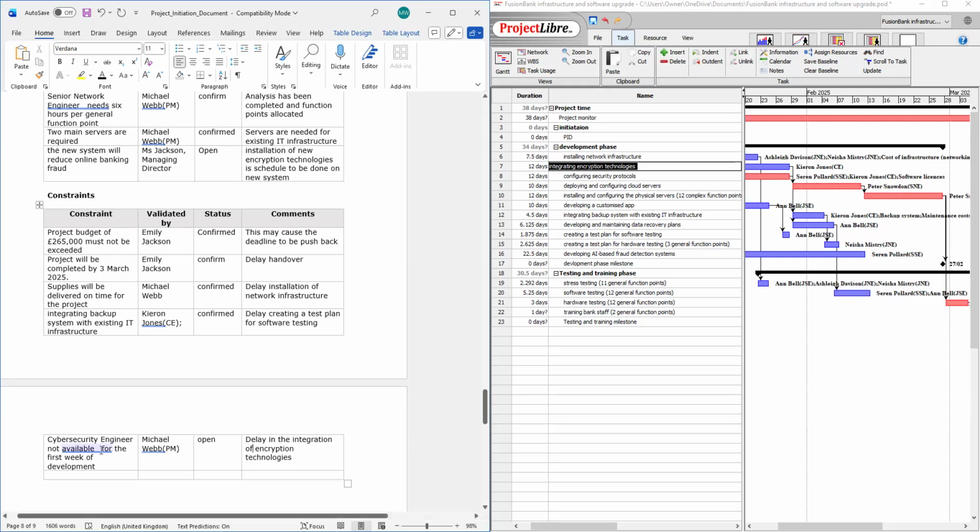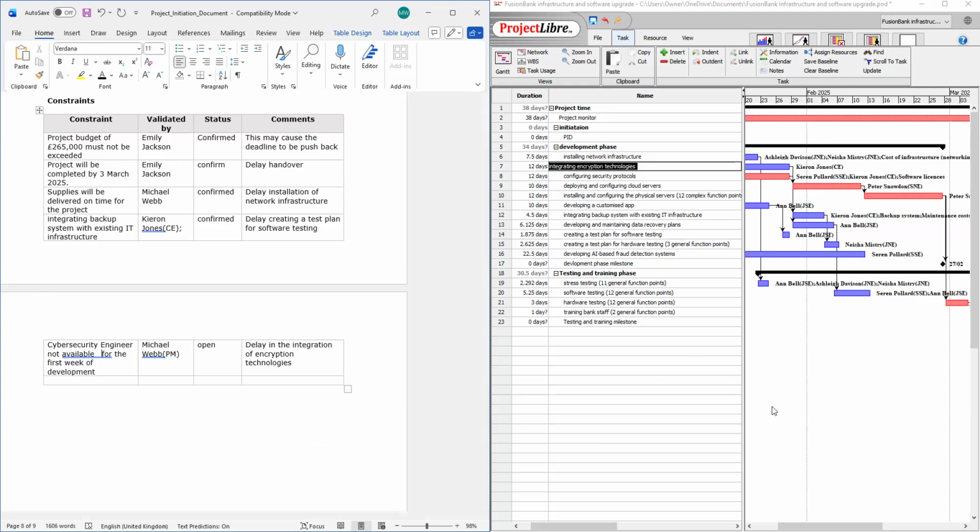And that's a constraint because it's affecting the integration of encryption technology. All right, what else can we look at? Let's go back to our set task brief. We can get some from there also.